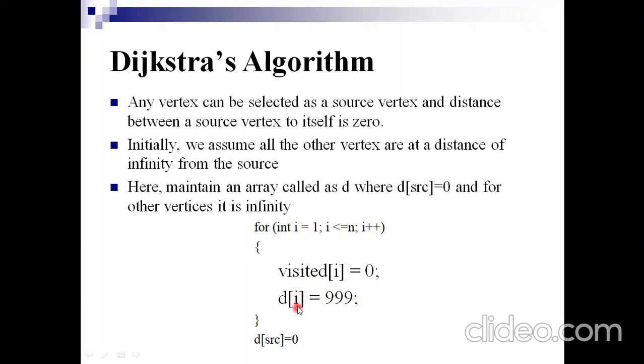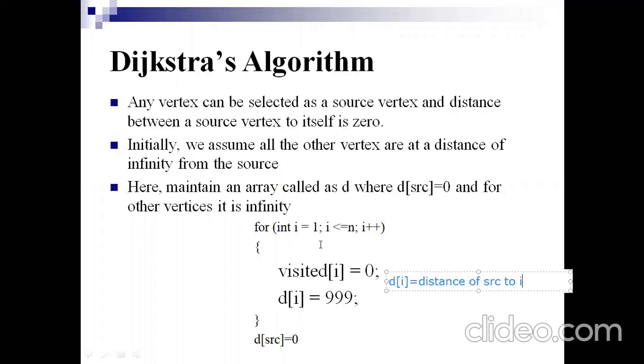Here i refers to the destination vertex, because the source is always common. So remember that D of i represents the distance of source vertex to i.